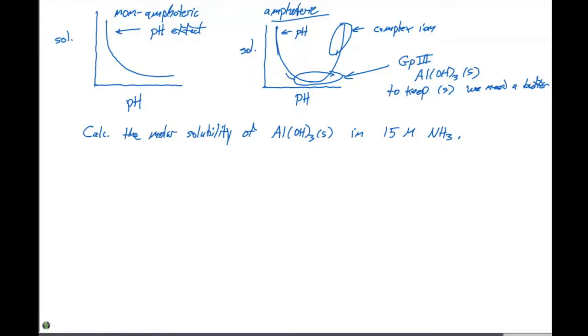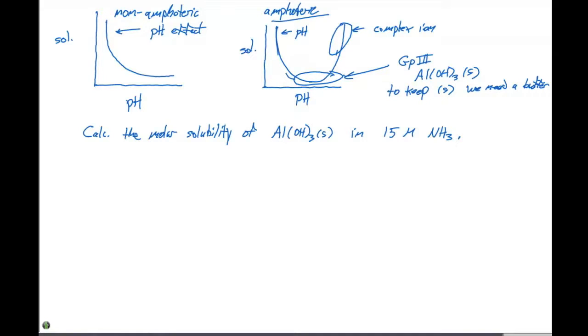So we're going to come up with a method or a way to look at each one of these solubility problems. Before we try to attack this particular problem, I really want you guys to try to understand what's happening at a molecular level.